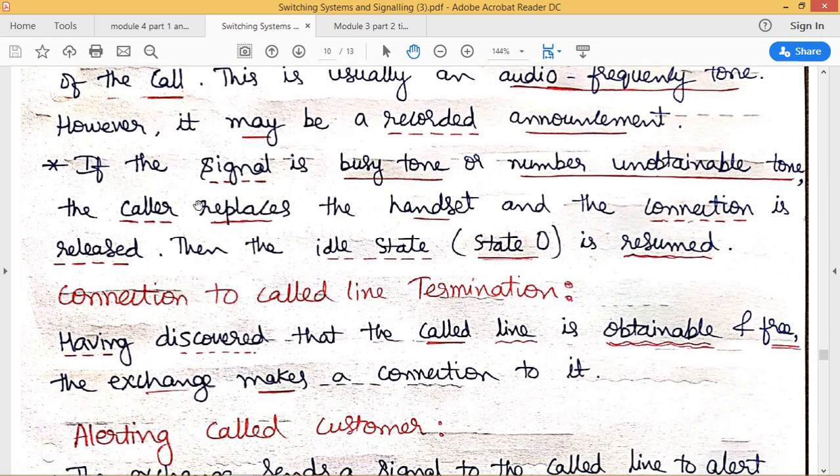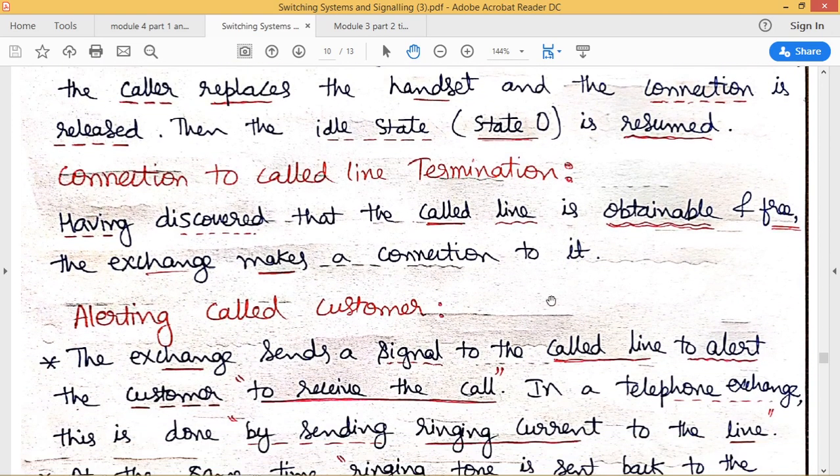Otherwise, if the called person is available, connection is made to the called line termination. Having discovered that the called line is reachable, obtainable and free, the exchange makes a connection to it.